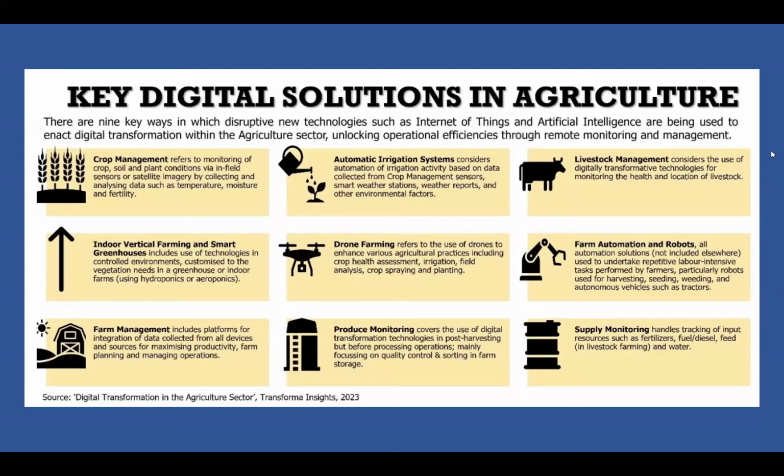In indoor vertical farming or smart greenhouses, non-seasonal crops can be grown during any season by controlling the climate and environment inside the greenhouse or a poly house. So this is a smart technology, and the farmer can get a good price.